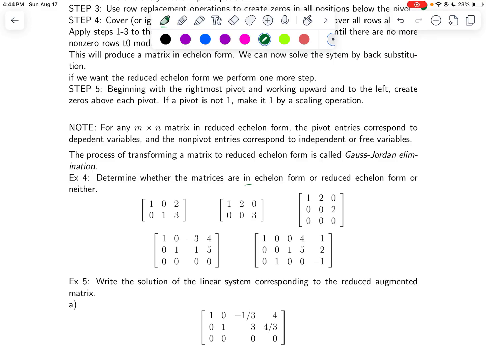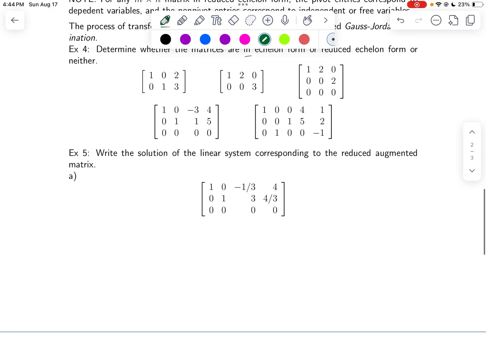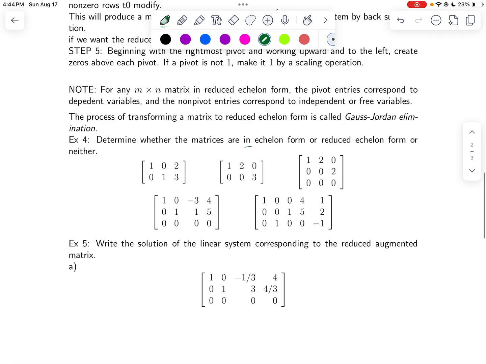As I mentioned in section 1.1, you can draw a vertical line here, because that separates the column of b values to the right, and these are our coefficients, our variables. So in this case, two variables, two variables, two variables. This has 3 variables, and this one has 4 variables.